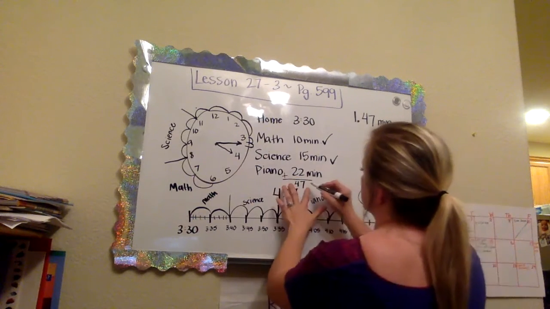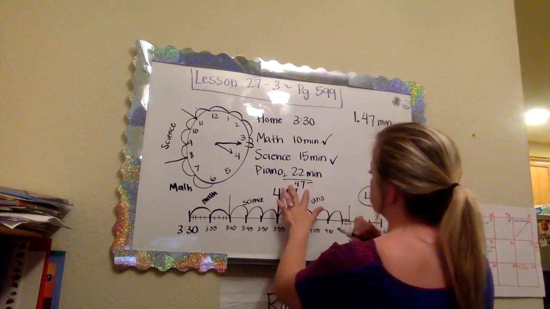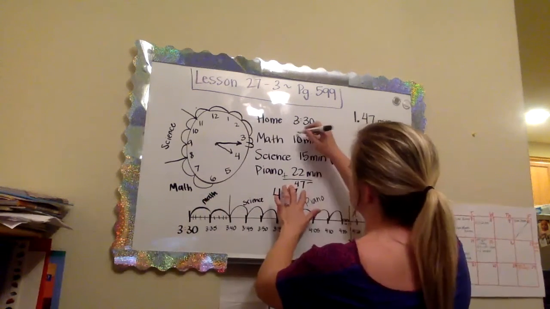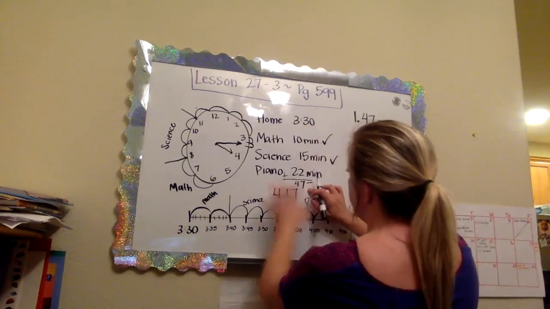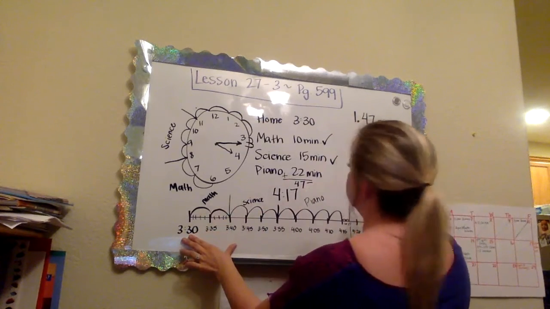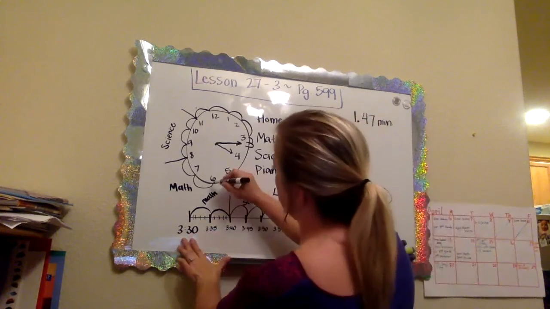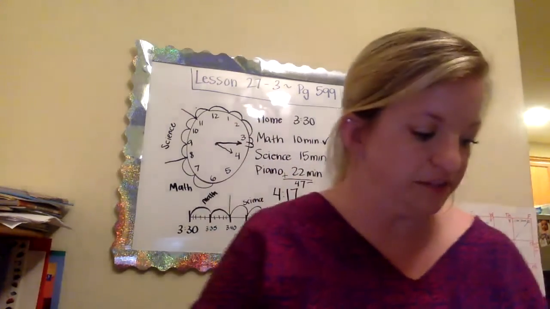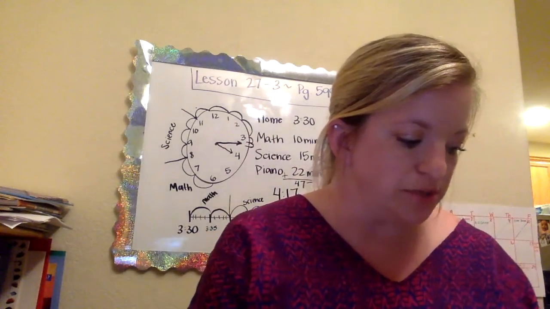And then we said, okay, it took 47 minutes. What they're saying is instead of doing this first, find out how much all of this time it took, and then add on 47 minutes to 3:30. So then you would say 3:30, just like I did, and count all the way to 47. Number 3, what time does Jenna finish?